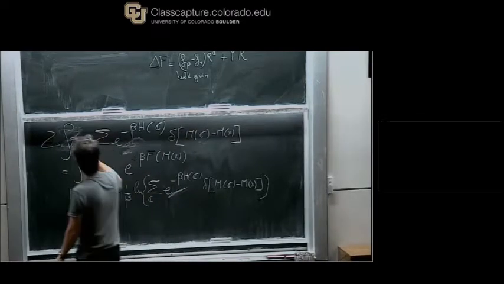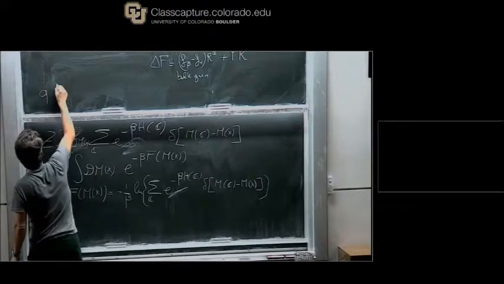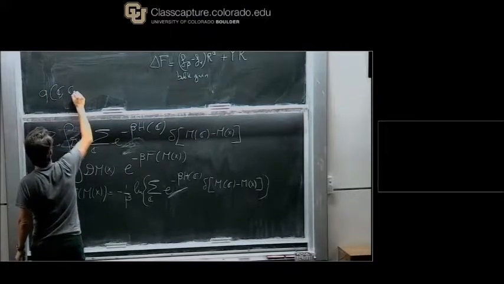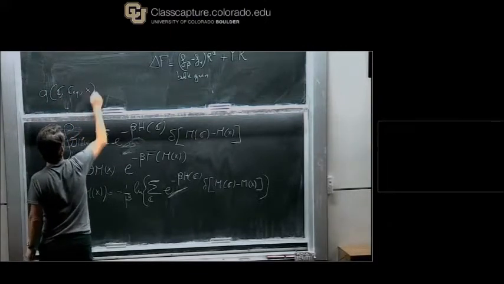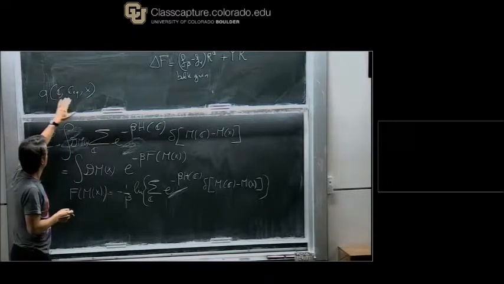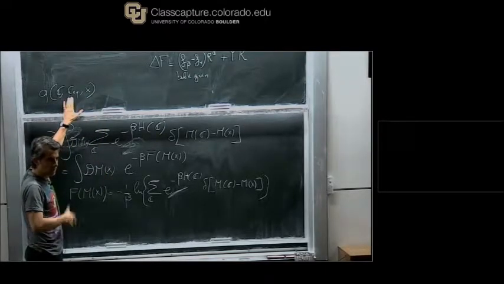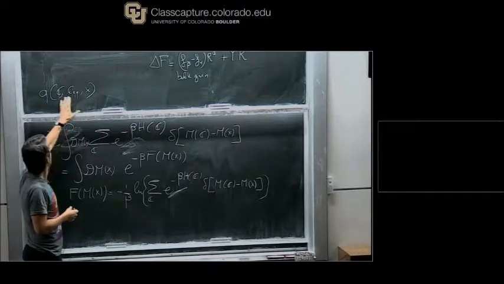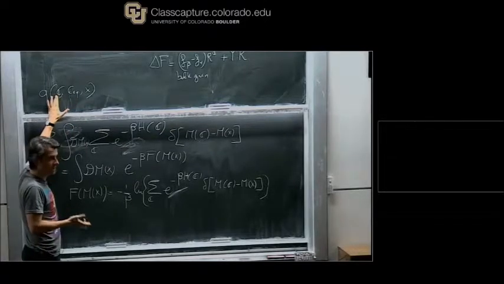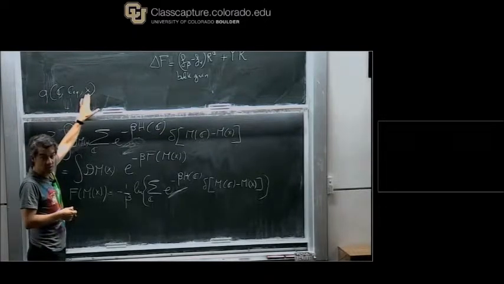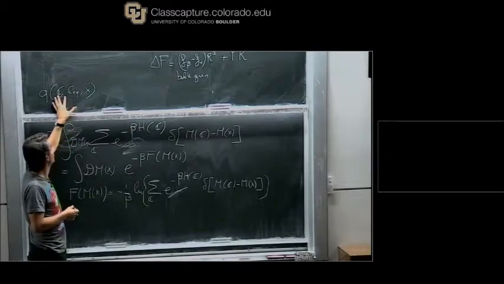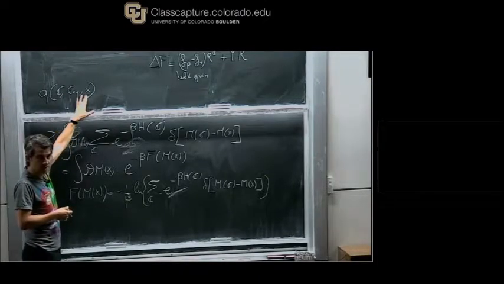So I can write it here. It was q of C, C equilibrium, and I can define it locally. So it's the overlap between the equilibrium configuration that I took from the beginning, from the Boltzmann measure, and the configuration C on which I'm summing, at position x. This tells me how much the two look similar at position x.